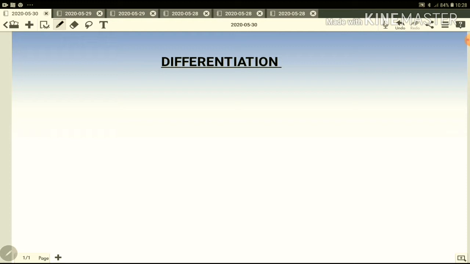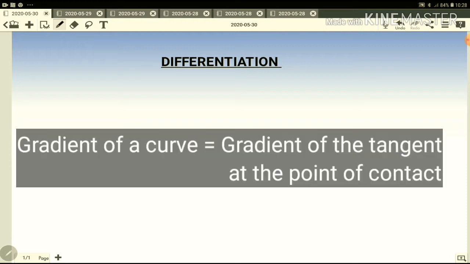And that gradient is same everywhere on a straight line. But when it comes to a curve, each point on a curve has its own gradient. We can use differentiation to find that gradient. And that gradient is equal to the gradient of a tangent at that point.